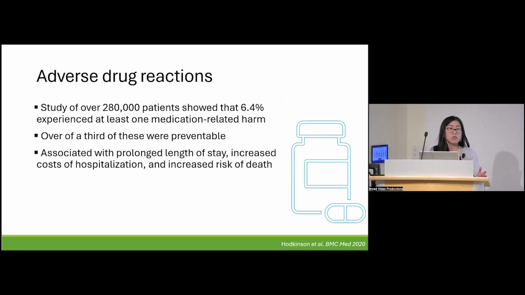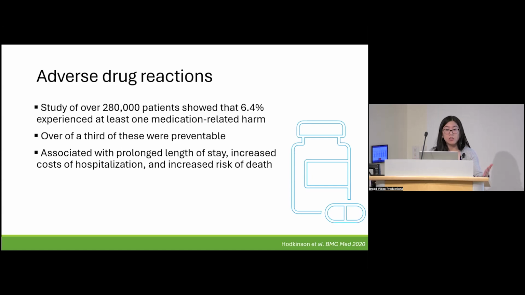And these adverse drug reactions are associated with prolonged length of stay, increased costs of these hospitalizations, and increased risk of death as well, especially in elderly populations where a lot of medications are used for a number of conditions. And so this is really a major healthcare problem.